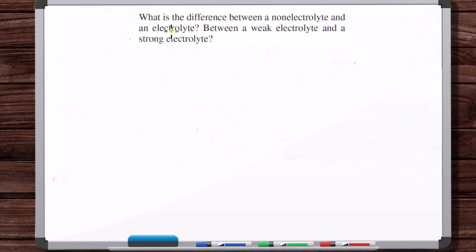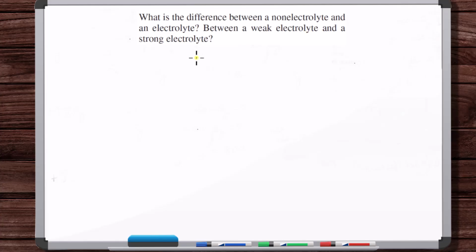So an electrolyte must be soluble to some extent in water. It needs to dissolve, and not just dissolve, but also break up into ions. Sugar dissolves, but doesn't break up into ions. So sugar is a non-electrolyte because you need those ions dissolved in water for the solution to conduct electricity.